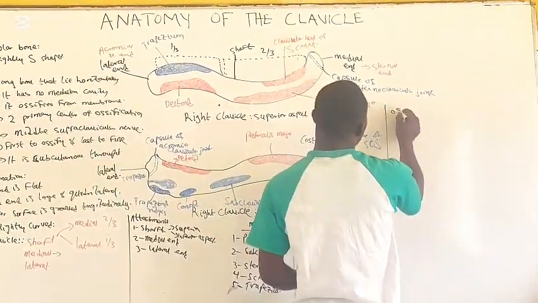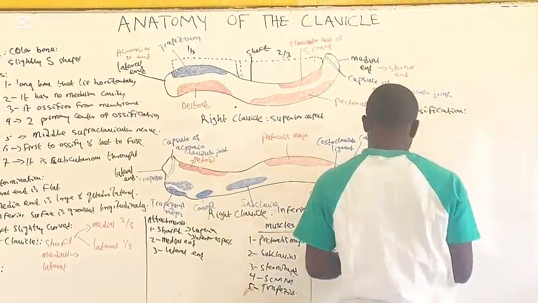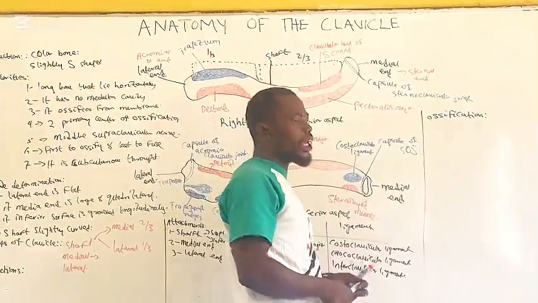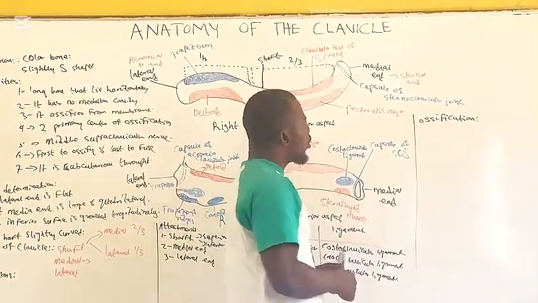The next thing is ossification of the clavicle. The clavicle ossifies from the membrane, except the sternal end which ossifies from the cartilage.